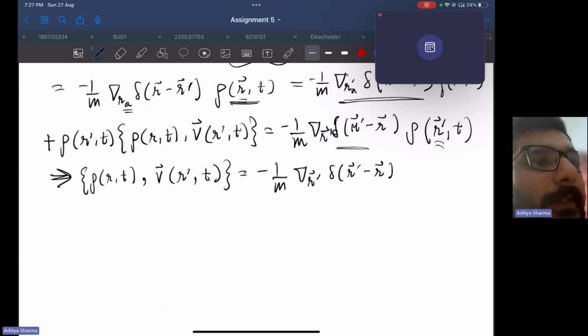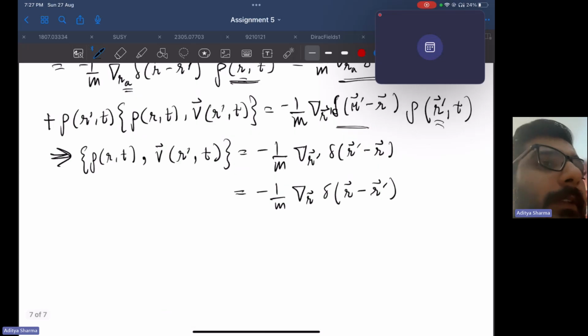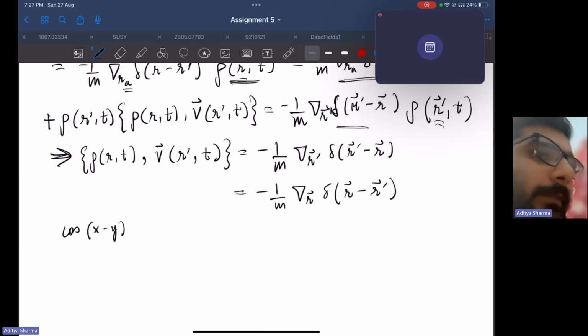So this can be written as minus 1 by this. This is what I actually wanted to say. We don't get rid of r vector minus r prime vector. Now the reason is, for example, cos is minus 1 and this is an even function, because if you do y minus x, the minus sign comes out and you have nothing. Minus of this is just this. So the same.